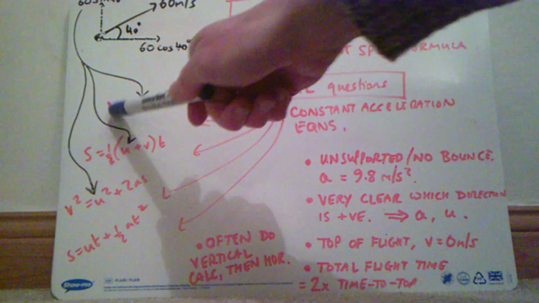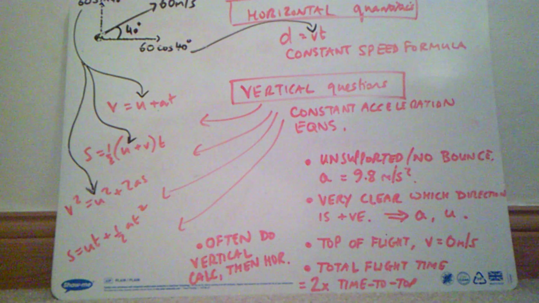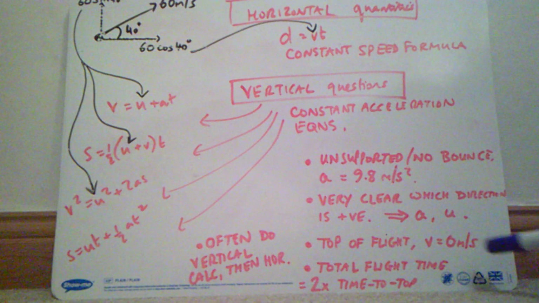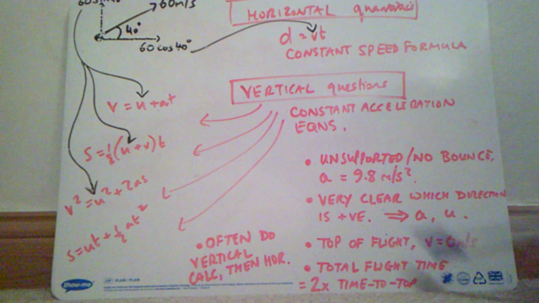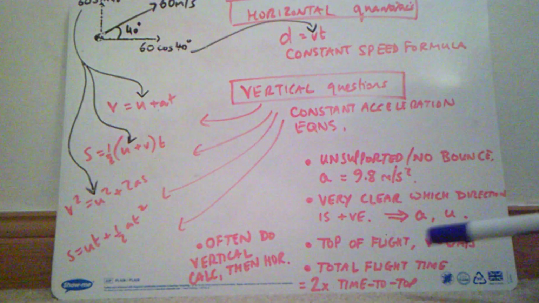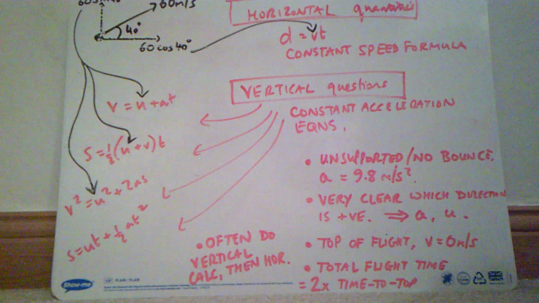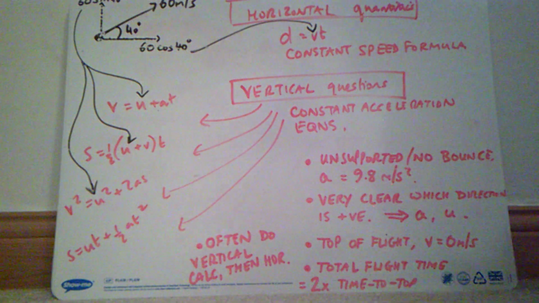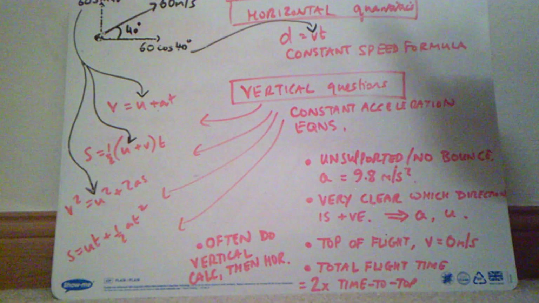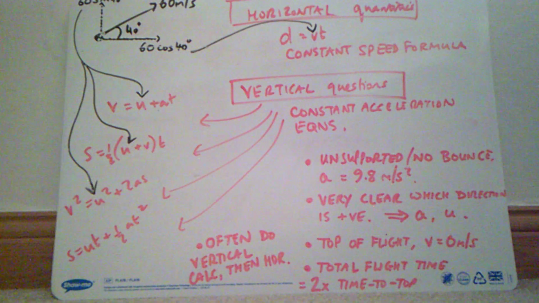So you could stick v equals 0 in, and that would allow you to calculate stuff. The total flight time of something chucked up is 2 times the time it takes to get to the top, because it's a symmetrical flight path, because we're not dealing with air resistance.